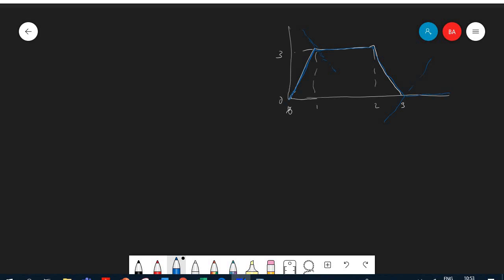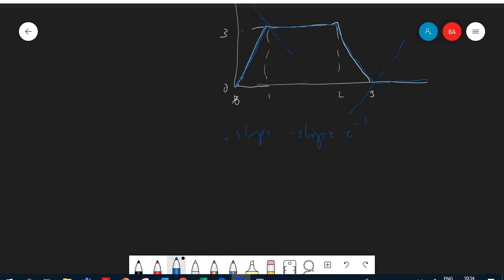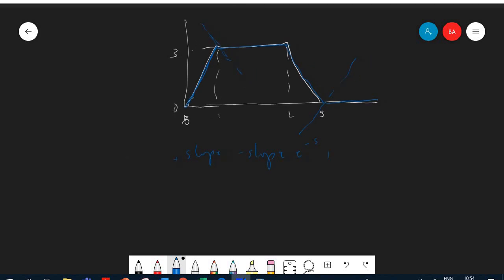So if you can see here, we have a slope and then another cancelling slope at e to the power minus s, and that is just to make it bigger. And then we had a slope that was a minus slope, that one here.